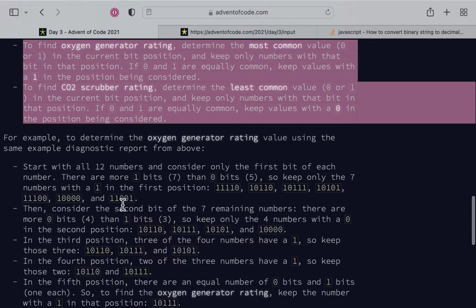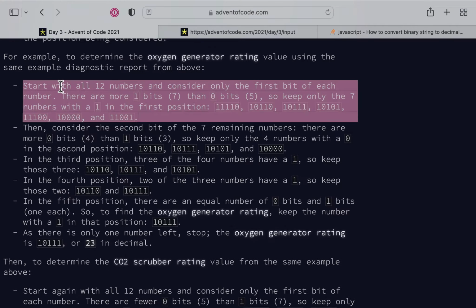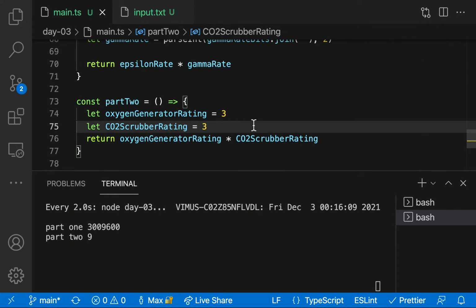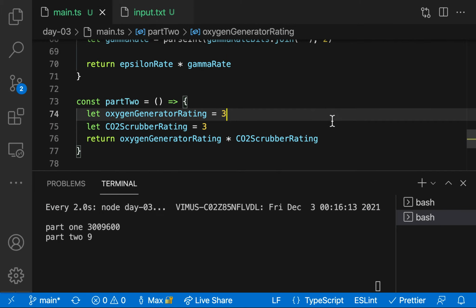Okay, so this is the definition, and here we go with an example. Start with all 12 numbers, consider only the first bit of each number. There are more 1 bits than 0 bits, so keep only the 7 numbers with a 1 in the first position. All right, so oxygen is the most common.